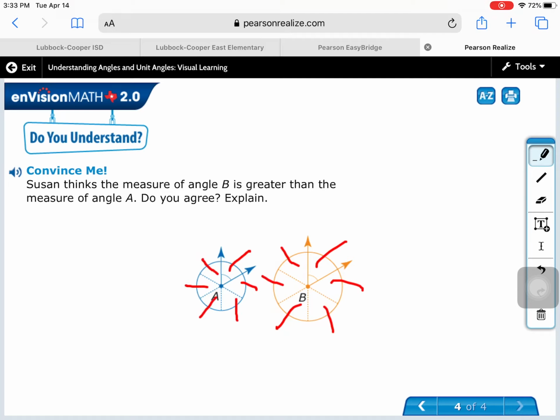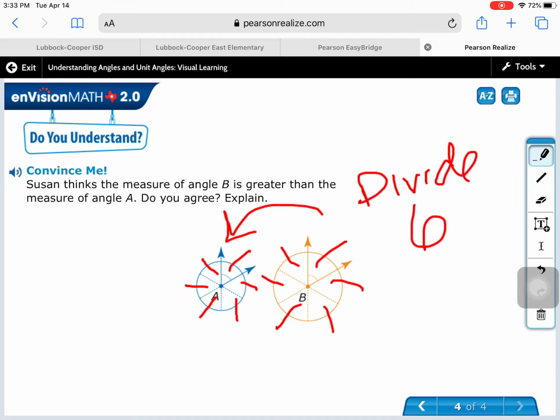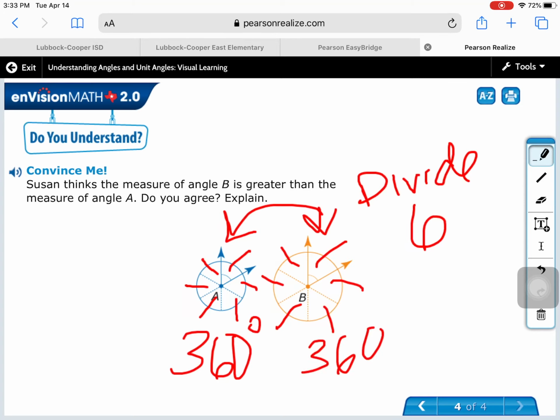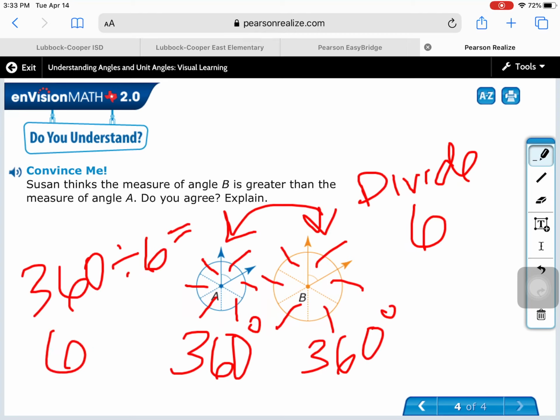So technically, they're both divided by 6. And so even though this circle is smaller than this one, they both have 360 degrees inside of them. And 360 divided by 6 is the same answer of 60 degrees.